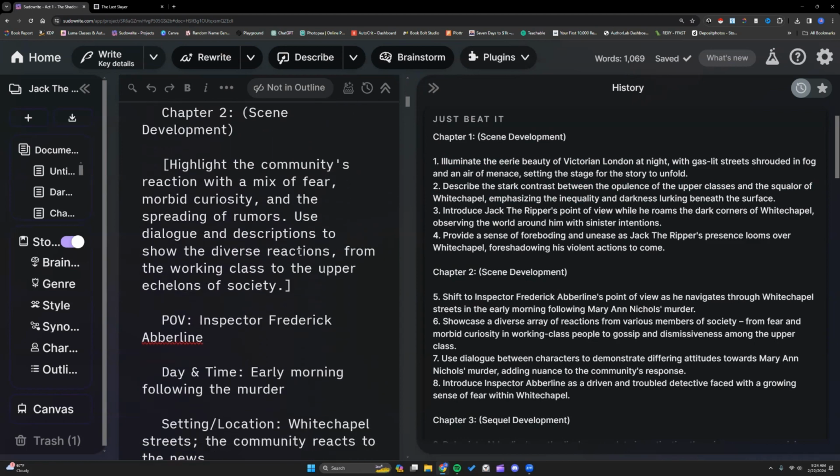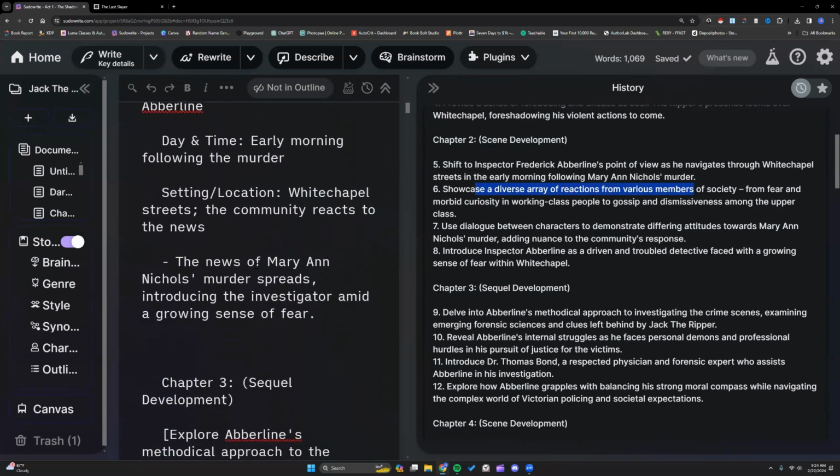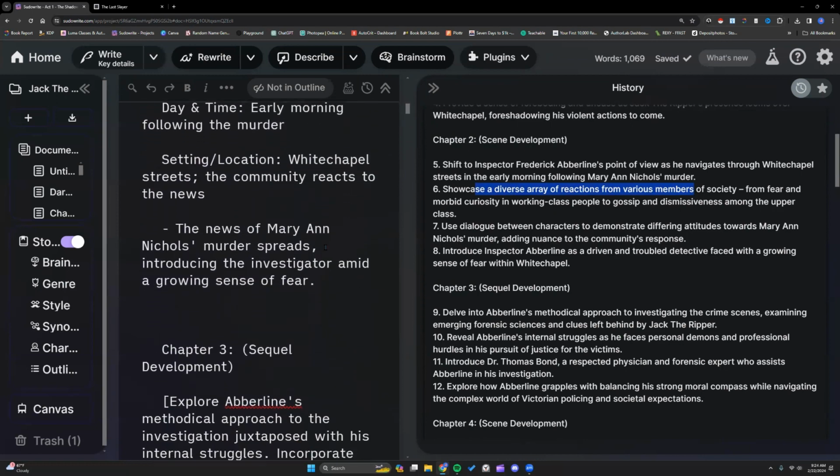Right, so this one was all about our setting. Let's see if we can find a different one. Focus on the community reaction, which we have right here. News of Marianne Nichols' murder. And so this is what it gave us.